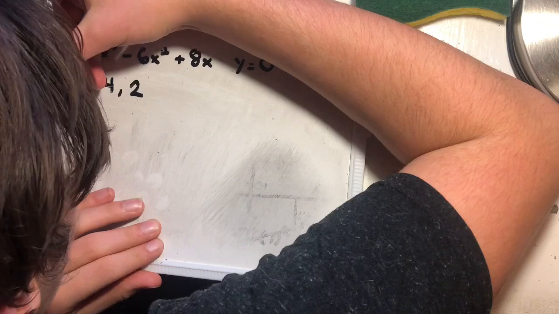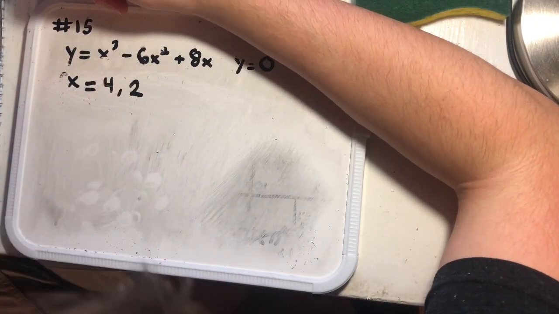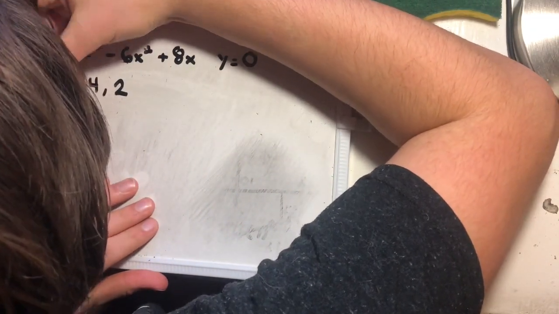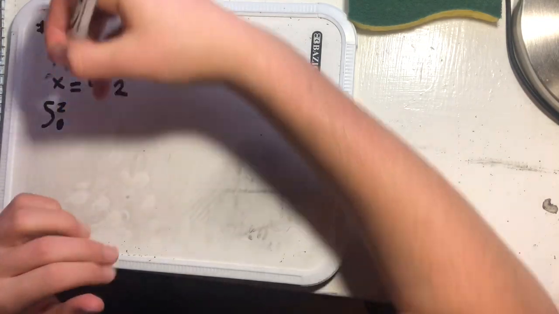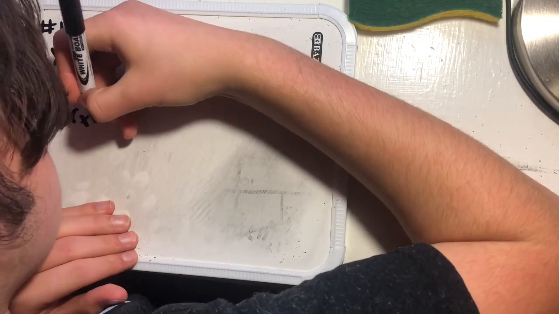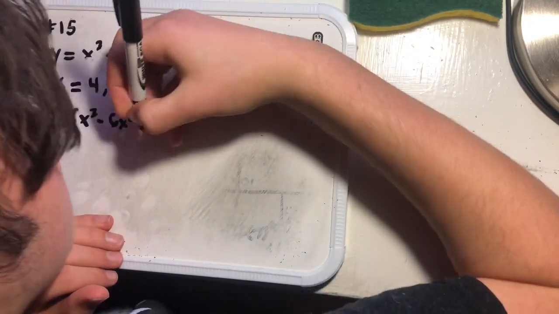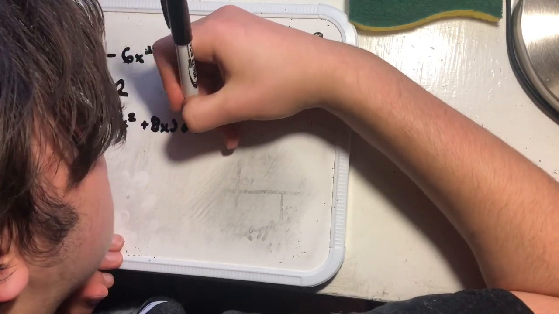So I'm going to take the integral because we're trying to find the area of the region. The integral. We're going to start from 0 to 2 of x cubed minus 6x squared plus 8x dx.